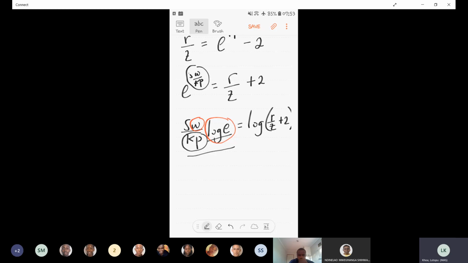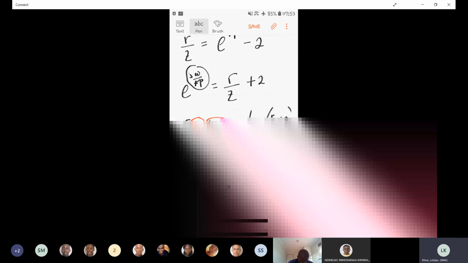So when I write that, I have S is equal to, I said the one in black I'm going to multiply by it, so this is KP, and then on the other side I have log R over Z plus 2. And then the ones in red are the ones I'm dividing by. So this is W log of E. And then that is my answer.